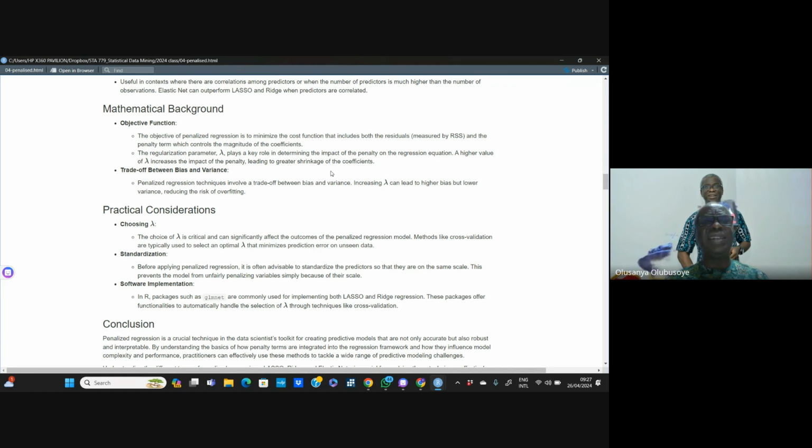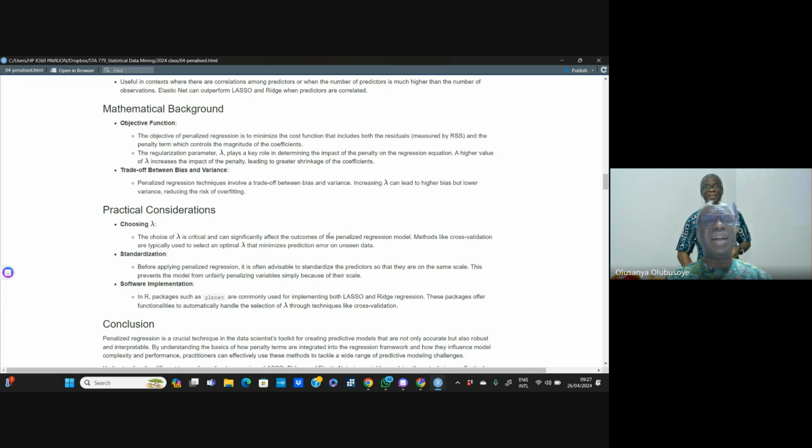When lambda is big, then the coefficient will shrink. When we say coefficient shrink, it means the coefficient will be reducing and possibly approaching 0.